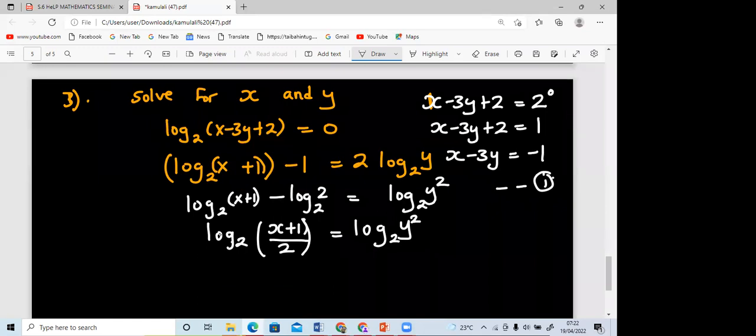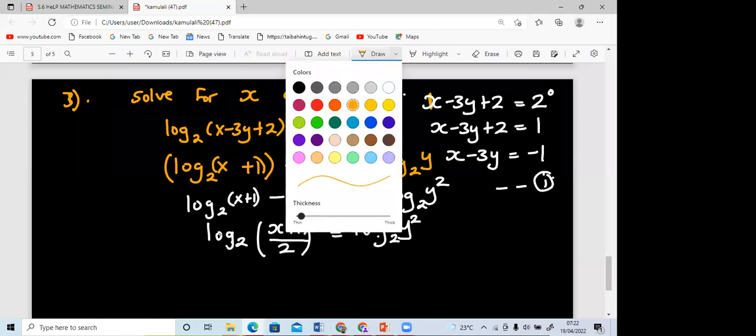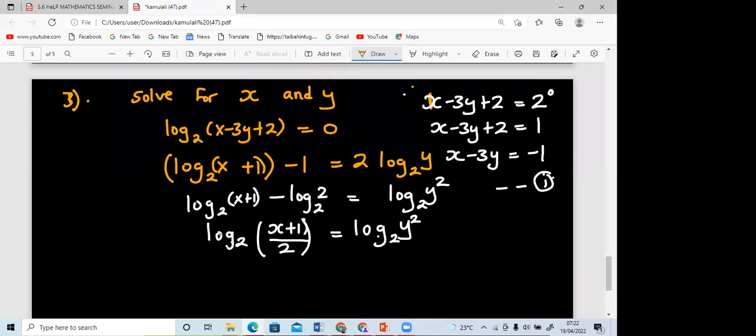Since logarithms have the same bases, you can equate the numbers. So we don't divide them, we just equate. You don't divide logarithms, you just equate. Since they have the same base, we equate. Okay, fine.